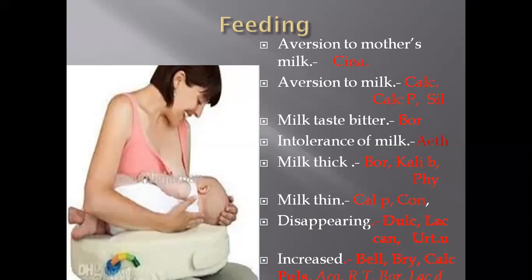Another group of patients you will get has excessive flow of milk or excessive accumulation of milk in the mother's breast, for which you try to remember the medicine mostly Lac defloratum.